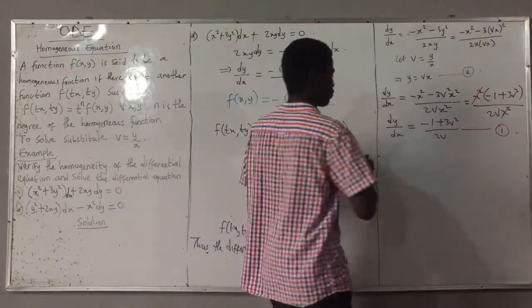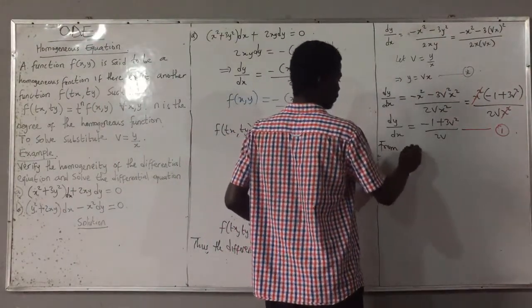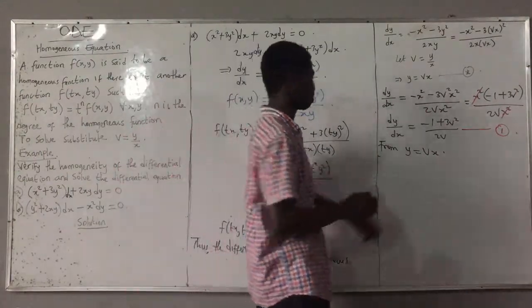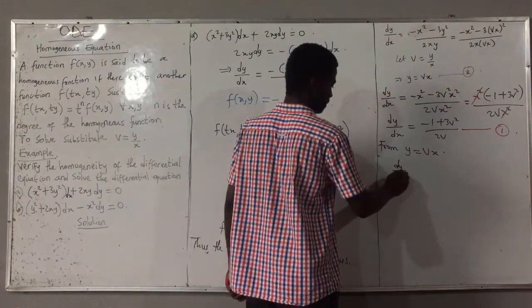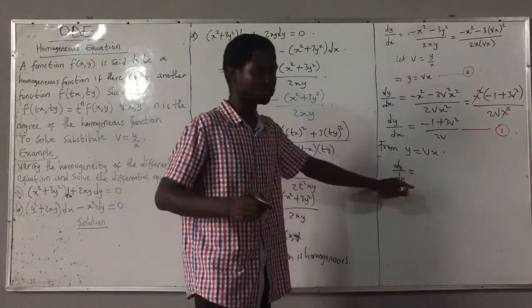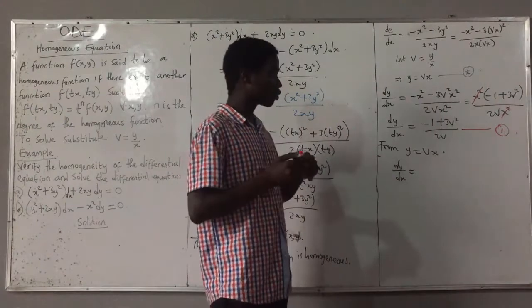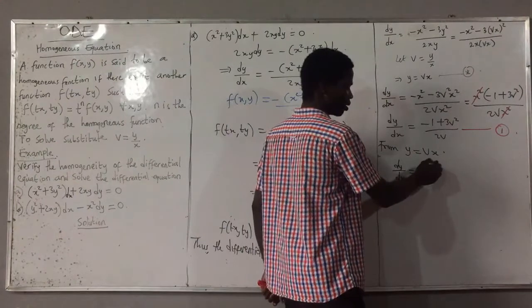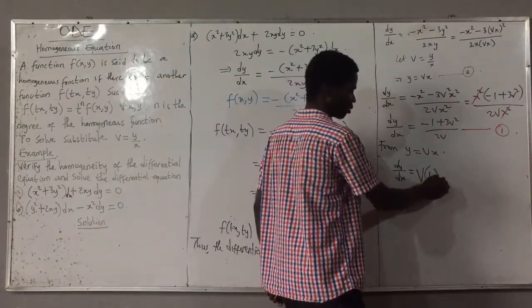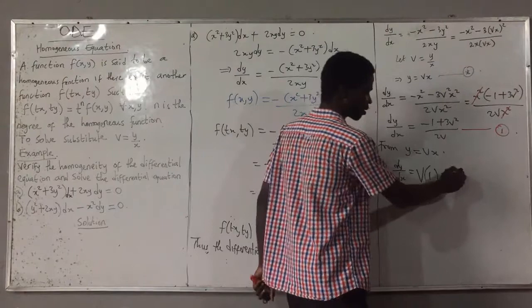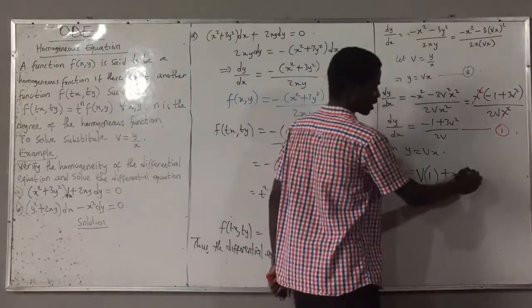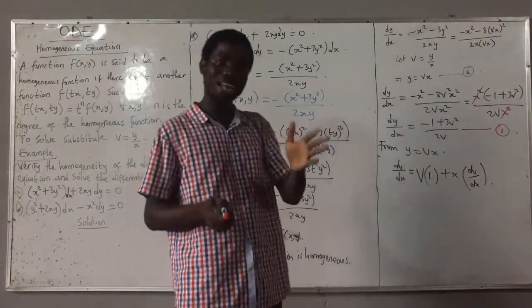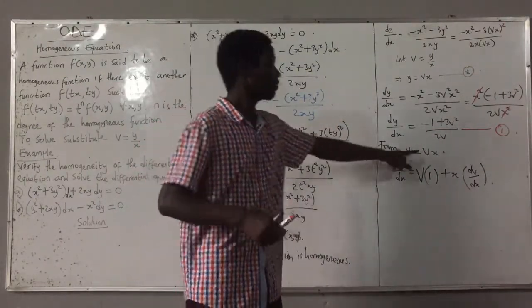Now, come to this one. From y equals vx, differentiate with respect to x. dy/dx. This is a product, so you use the product rule. You first take v, differentiate x, that is 1, plus you now take x, differentiate v, that is dv/dx. Don't forget I told you v is a function of x. Whenever you differentiate y, you write dy/dx because y is a function of x.